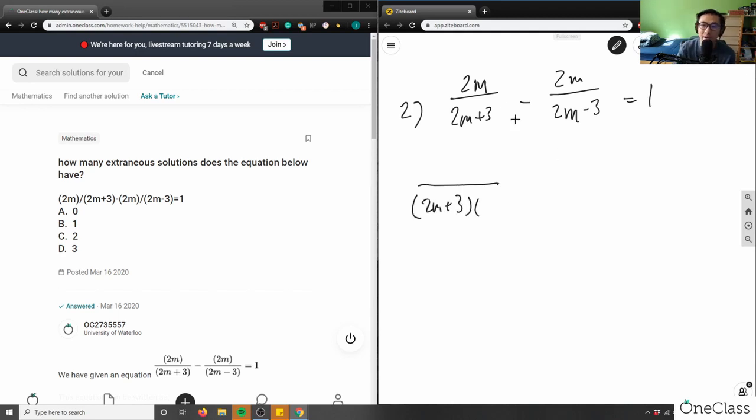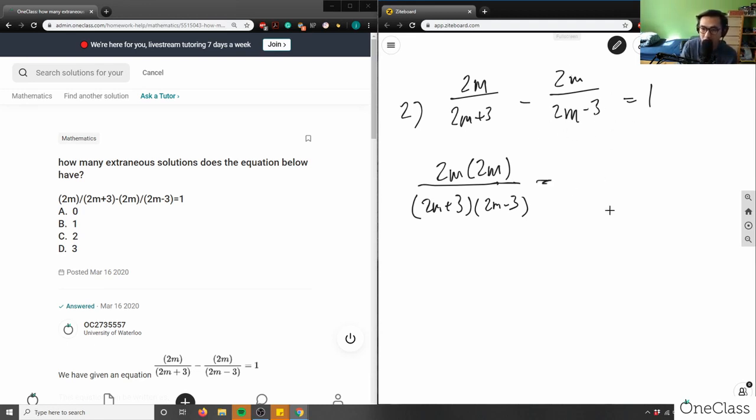I'm going to multiply it by this lowest common denominator, because I need basically a similar term for both of these denominators, so I can combine the numerators, right? So this here would be 2m minus 3, and then at the top of this problem, I'm going to get 2m multiplied by 2m, right? Because I have 2m here, and I need to multiply by this m here as well, because this m is part of this fraction here.